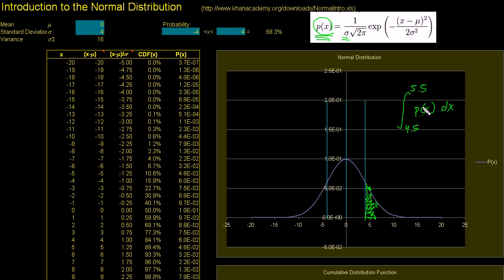So that's just the area under the curve. For those of you who don't know calculus yet, I encourage you to watch that playlist. But all this is saying is the area under the curve from here to here.